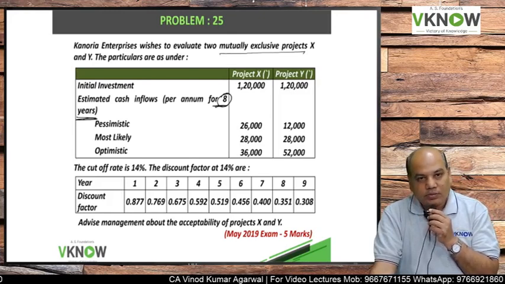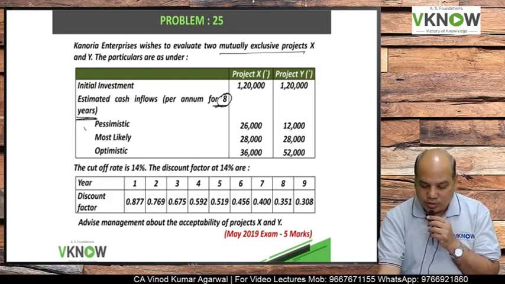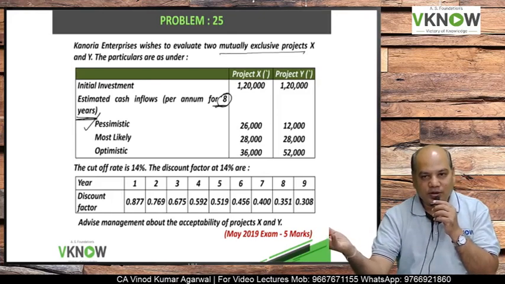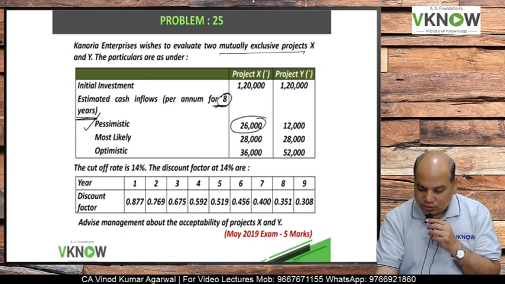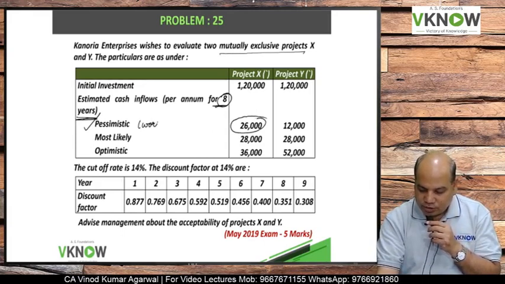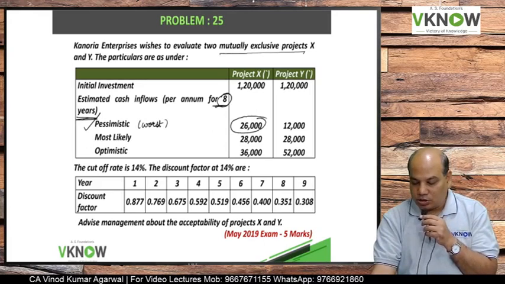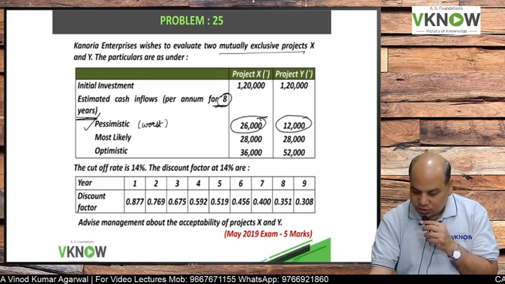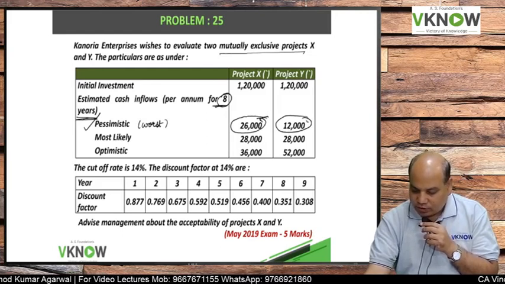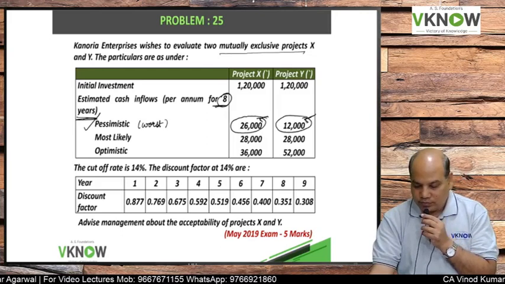And there are 3 scenarios. Future can be pessimistic. Pessimistic means worst scenario. Okay, if everything goes wrong, your cash inflow for project X will be 26,000, but Y will suffer more. It will have only 12,000.